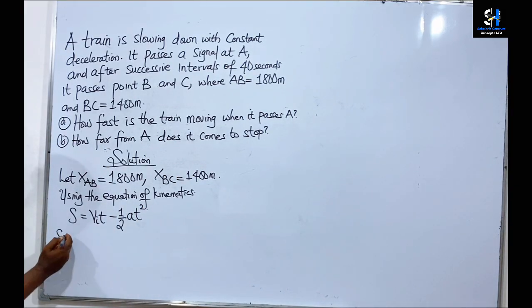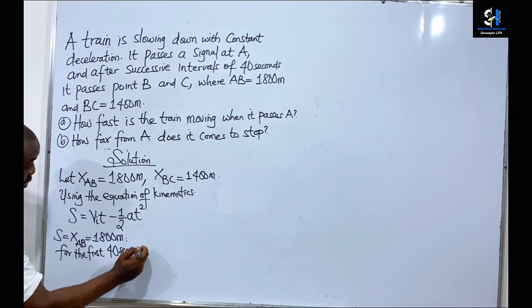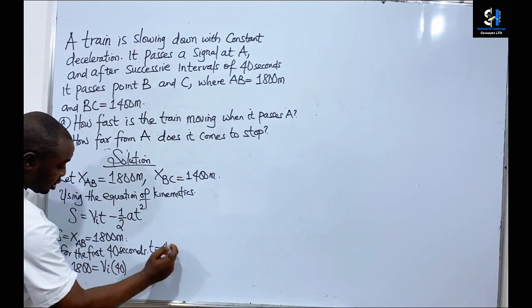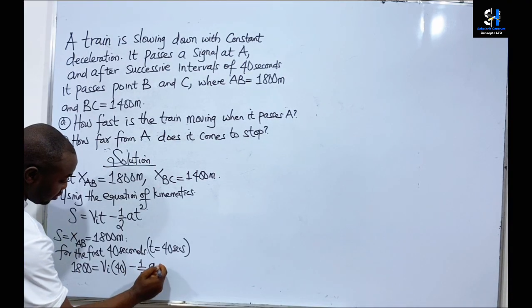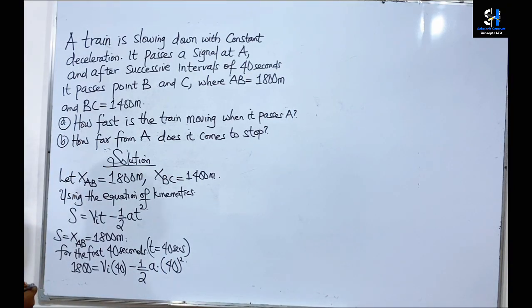When S equals XAB, which is 1,800 meters, for the first 40 seconds we have 1,800 equals initial velocity multiplied by 40, minus 1/2 of the acceleration multiplied by 40 raised to the power of 2.